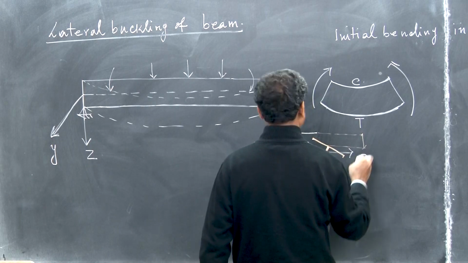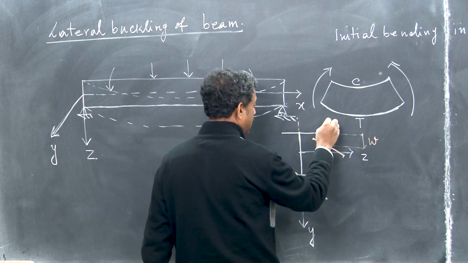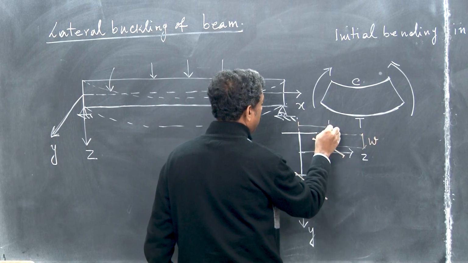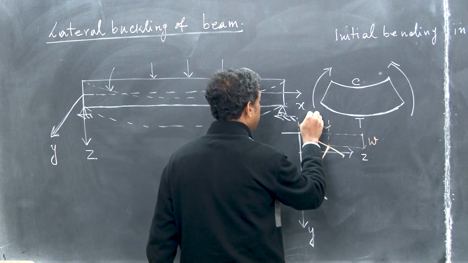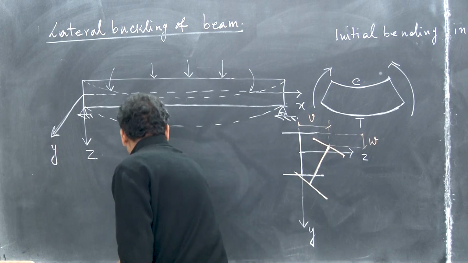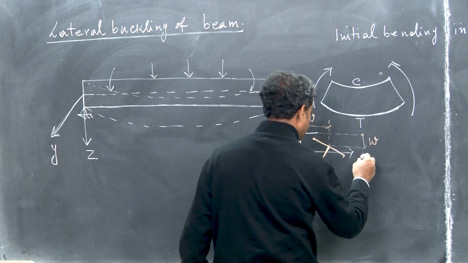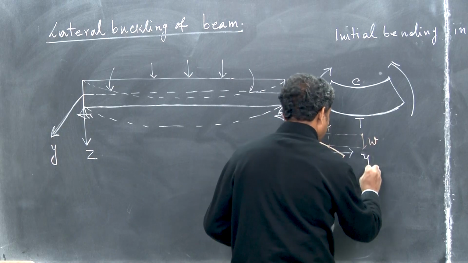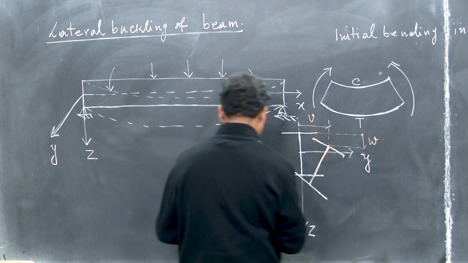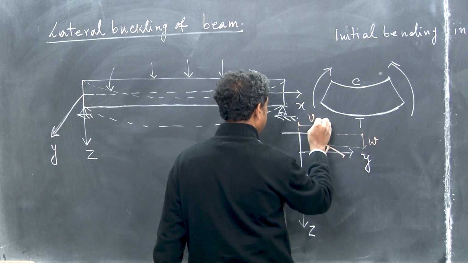This is the vertical w. And the top flange displacement is maybe v. This is along Y, and this is along Z. Okay, this is v, the top flange.